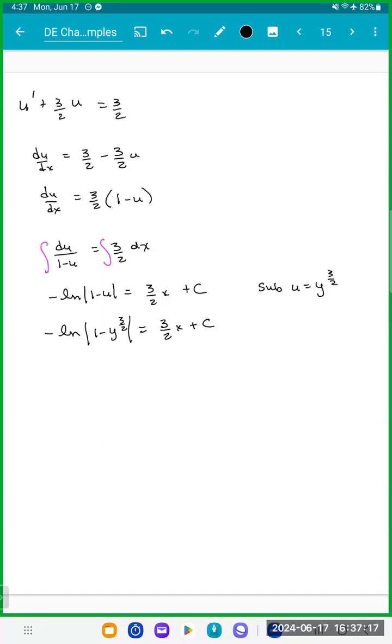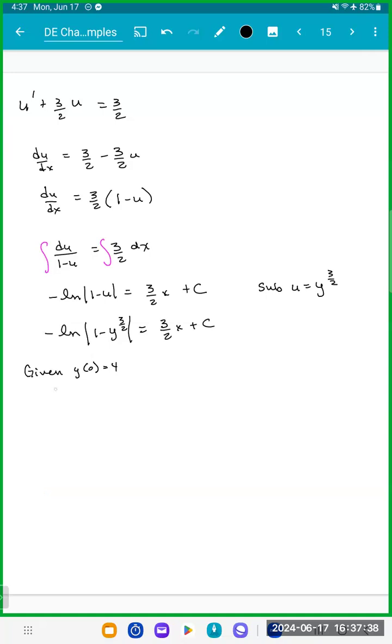And then we were given an initial value. We were given that y of 0 equals 4. So we'll use that. That's telling me that my x is 0 and my y is 4. So how do we simplify that?